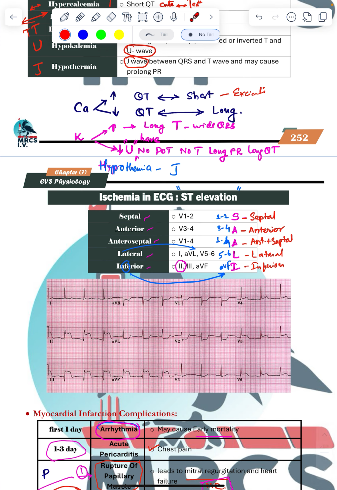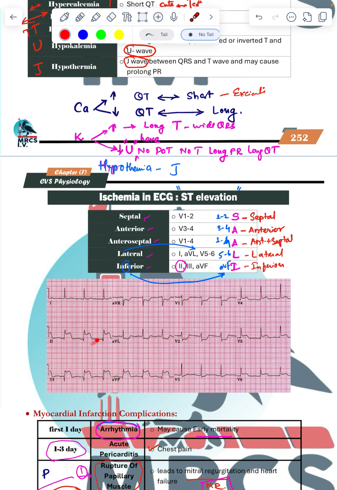Now ischemia, any ischemia of the septal will appear in leads I, aVL, V5, V6, there will be ST elevation. The main thing is ST elevation.